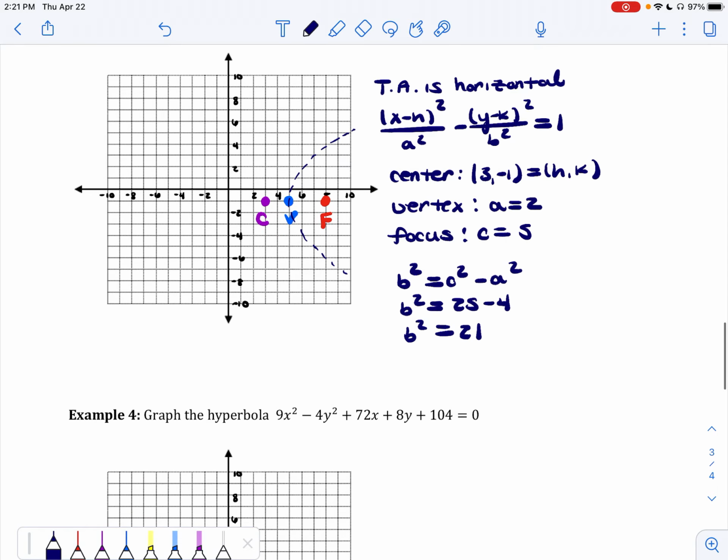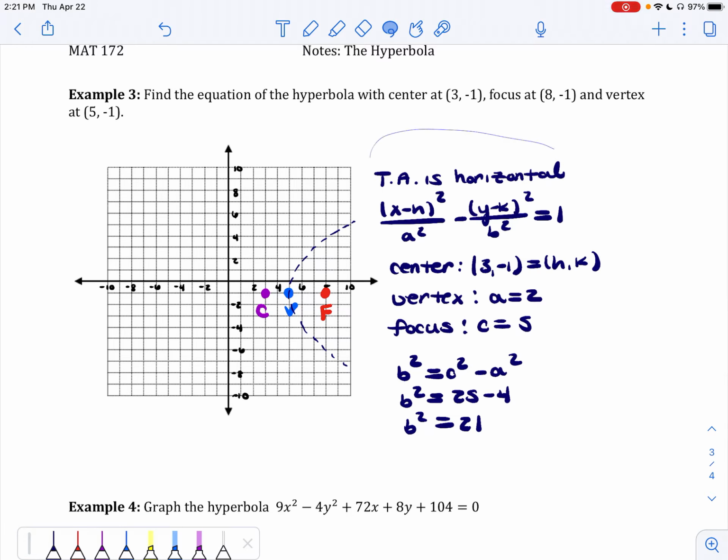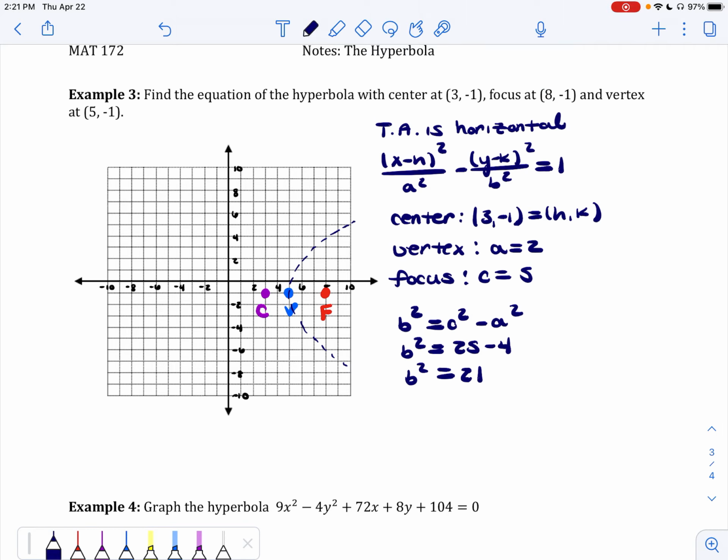Then just plugging it all into our formula. Let me move this up a little bit so I have more room. We are going to have (x minus 3) squared divided by 4 minus (y plus 1) squared divided by 21 is equal to 1.